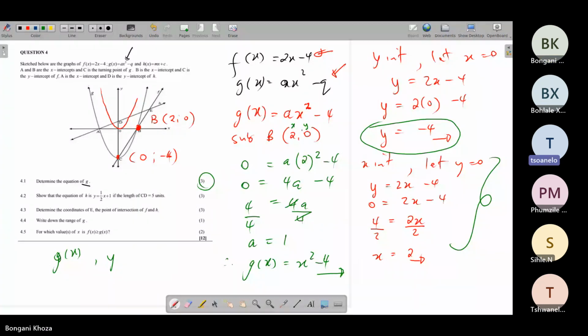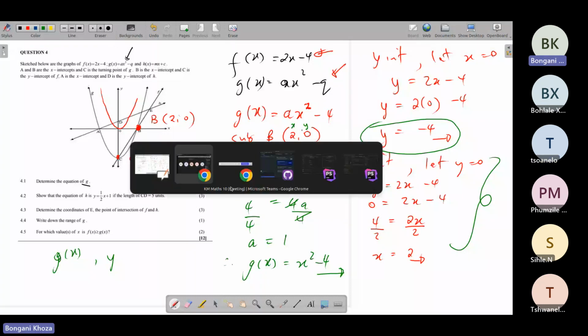All right. Sir, how many marks is the exam made up of? This is from an exam.